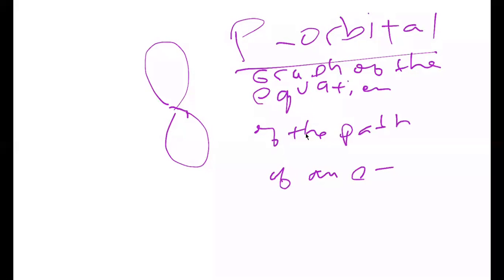All right. So that p orbital is a graph of the equation of the path of an electron, right? If you remember from Organic 1, there's a node in the middle, where the wave or the graph passes through zero, and no electrons can be there.